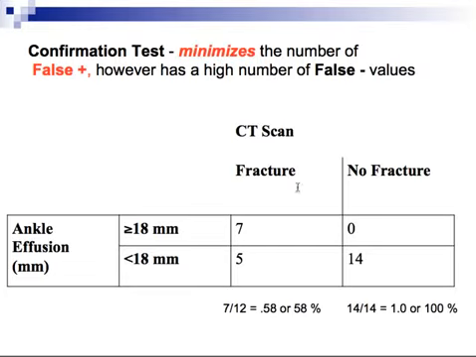And then we can also see here that sensitivity has gotten much lower, or there's a lot more false negative mistakes associated with that. So this is an example of a confirmation test where we minimize the number of false positives. However, the consequence is that we have more false negatives.